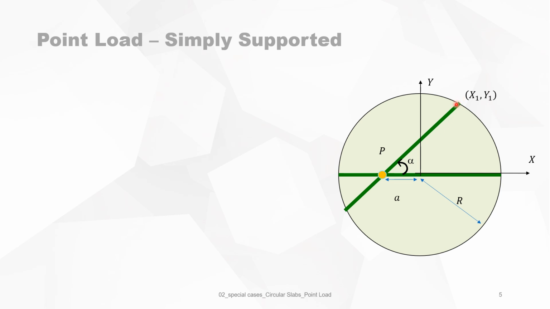So we take now a point on the circumference, x1 and y1. And now we know that this straight line through the point x1 and y1 has a slope, the tangent of alpha. I call it mt, the slope.